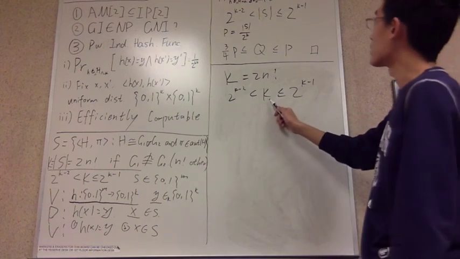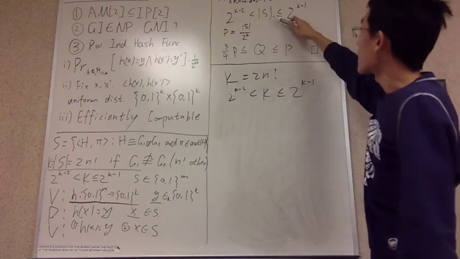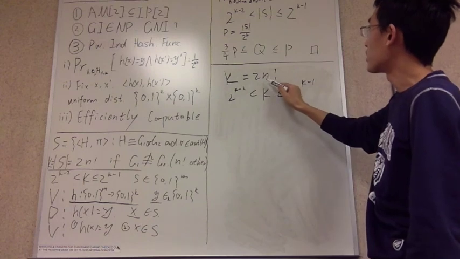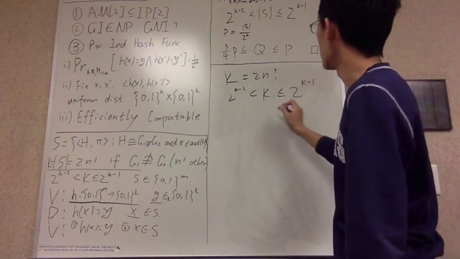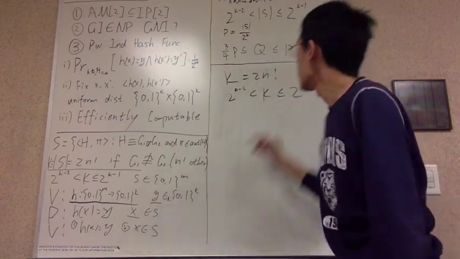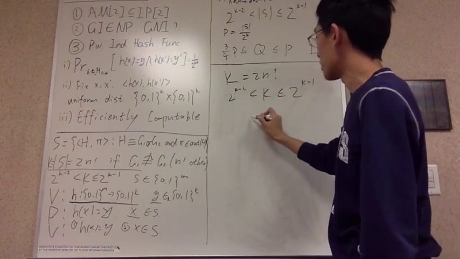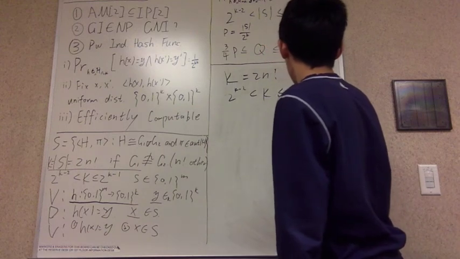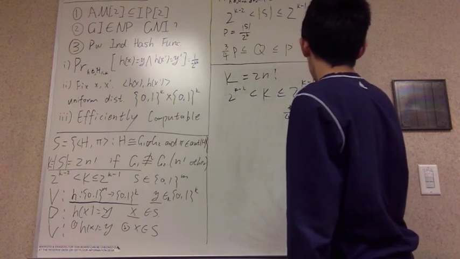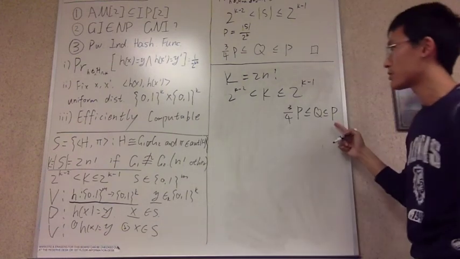If this is true, then if S has a size of 2n factorial, according to what we proved before, this thing will happen with a probability in this range.